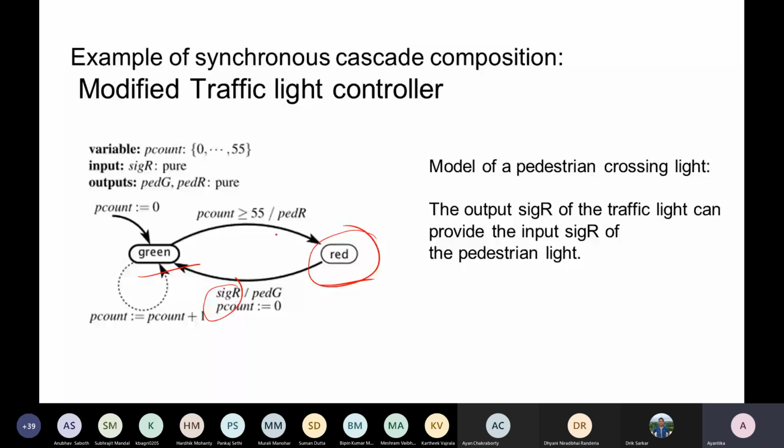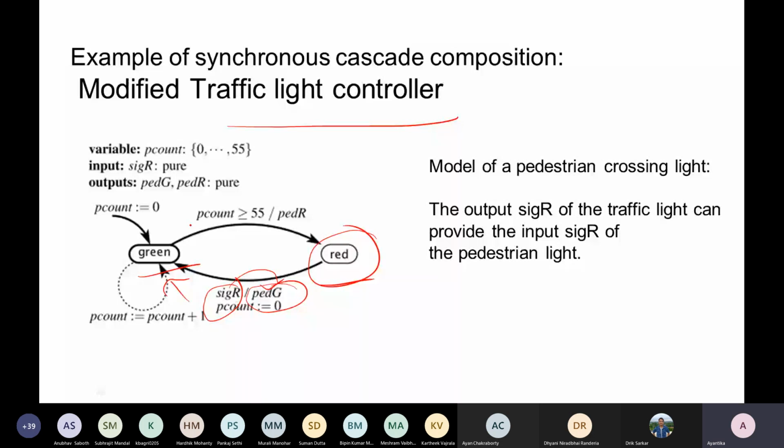So it is on means it is setting this pedestrian G signal high. That means this transition is going to green state. I mean, this traffic light controller is making a transition from red to green state. That means now the signal for the pedestrians is green and they can start crossing.